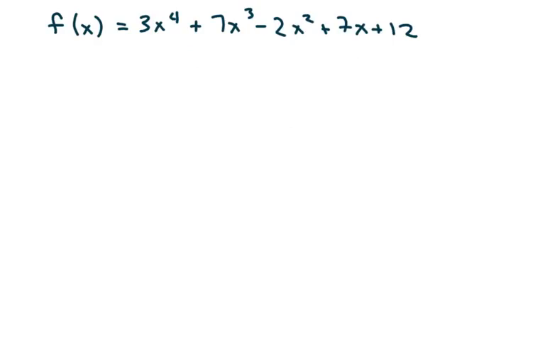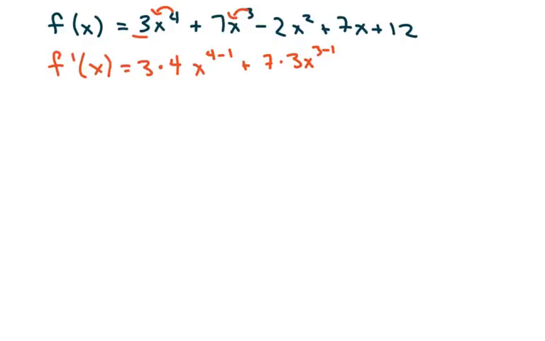The next one, we're going to do the derivative of x. So you write down the 3 times, you move the 4 in front, 4x, and then you do 4 minus 1, plus 7 times, move the 3 in front, 3x, and you just do 3 minus 1, minus 2, that's this one, and then you bring the 2 in front, x to the 2 minus 1, plus 7 times 1 times x to the 1 minus 1, plus 0, because that's going to 0 out.